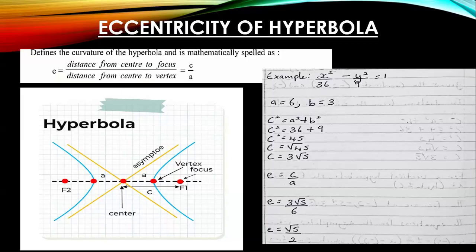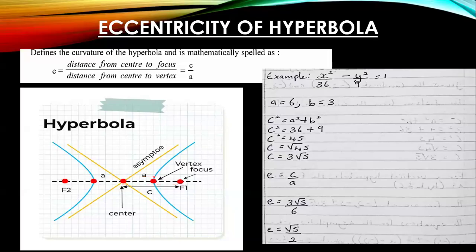We have the center here and the focus is all the way here, right? So that is our c value, from the center to the focus, or some people would say the foci. Next, divided by the distance from the center to the vertex. So we have the center here and we go to the vertex, and that is going to be our a value.